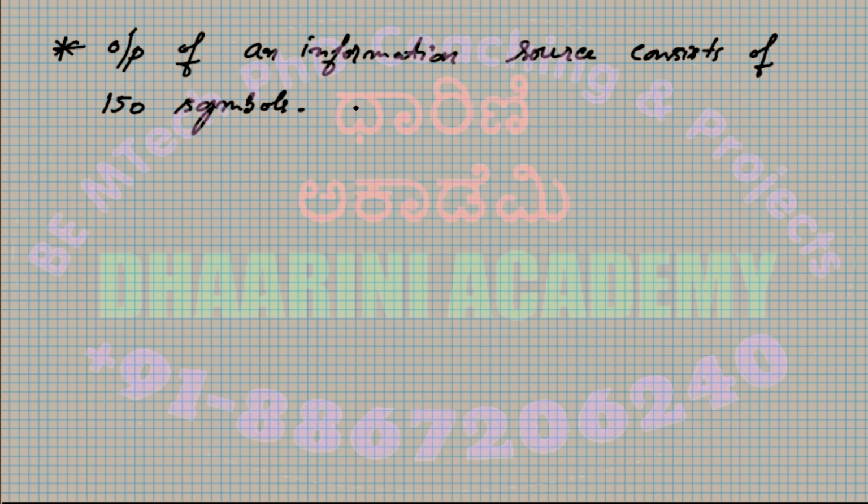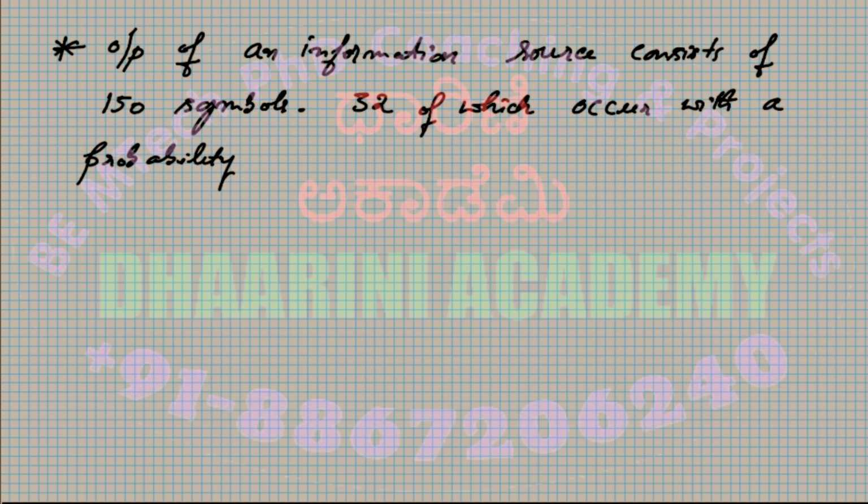Okay, out of the 150, say 32 of which occur with a probability of 1 by 64, and remaining symbols occur with a probability of 1 divided by 236.